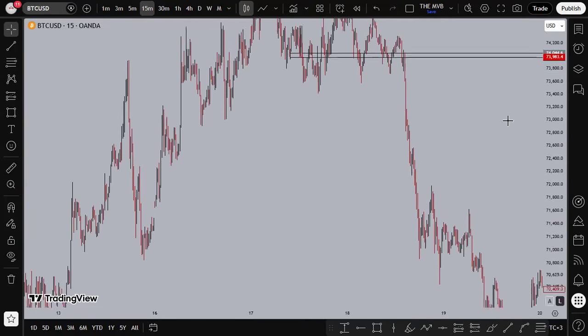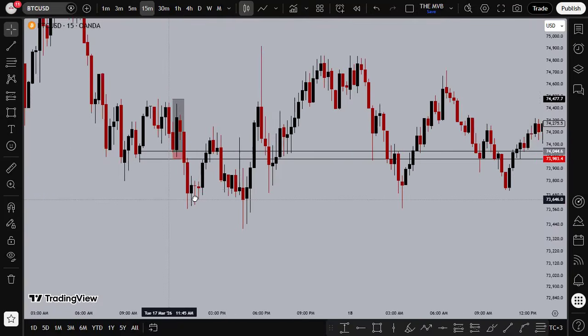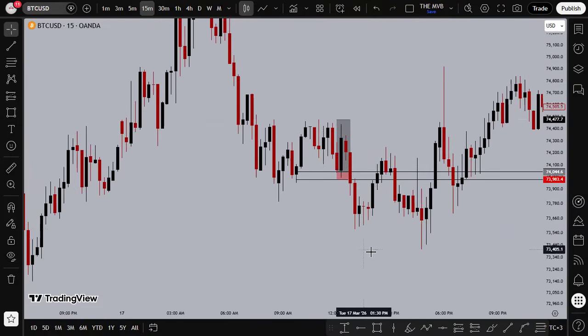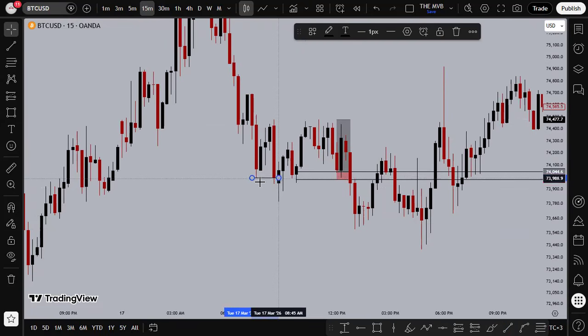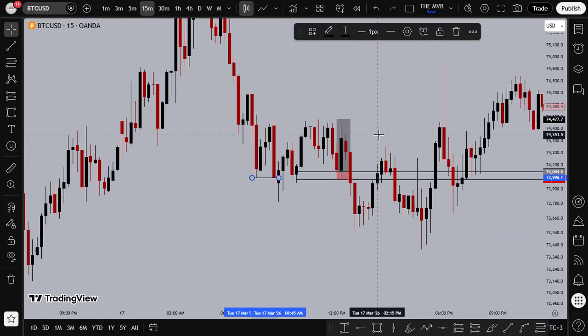You can see at this particular area where we have the entry, this here was our structure, okay? And it was a wick to body break. That means this is the structure supporting sells and not buys, okay?